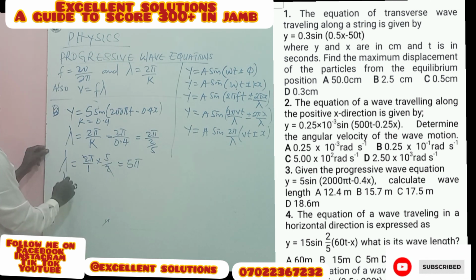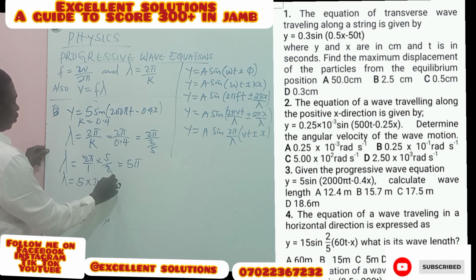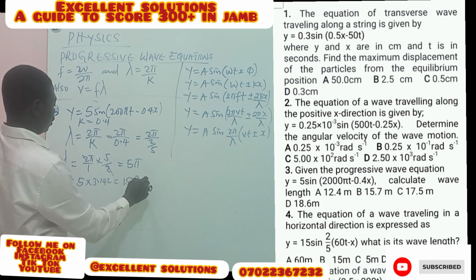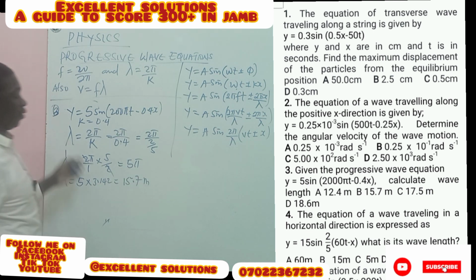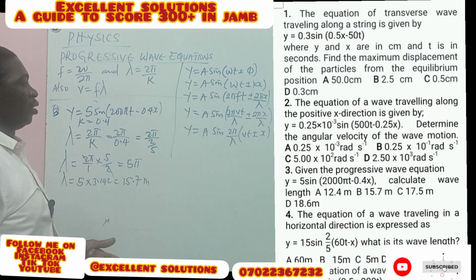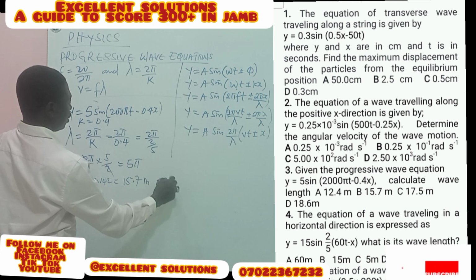So 5 pi will now be 5 times 3.142, and this is the same as 15.7 meters. So our lambda is 15.7 meters. If we look at the options, option A 12.4 meters, option B 15.7 meters, so option B is the answer. So that is for the case of this question.